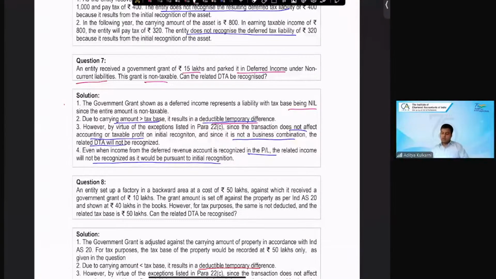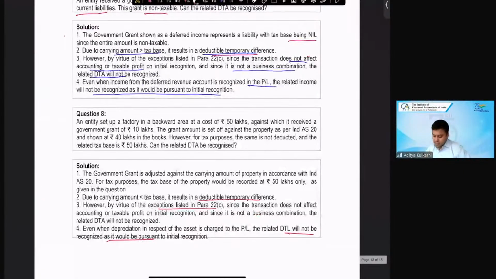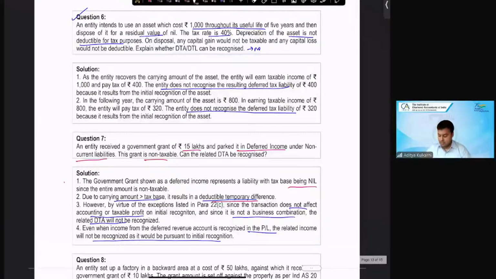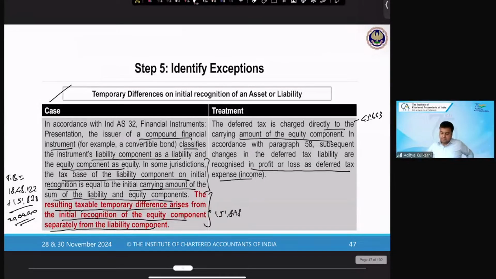Can the DTA be recognized? Since the transaction does not affect accounting or taxable profits on initial recognition, related DTA will not be recognized. So that is question 8. Next.